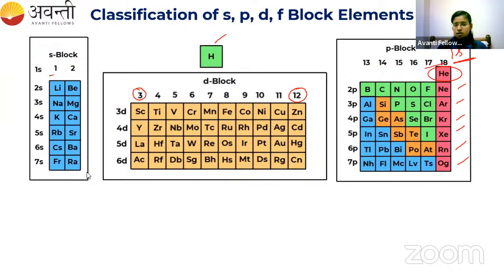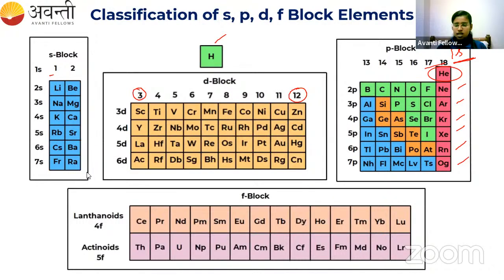Coming to the last block, which is called F block, the lanthanoids and actinoids are called F block elements. So hydrogen's position is the center. This is all about the blocks S, P, D and F.